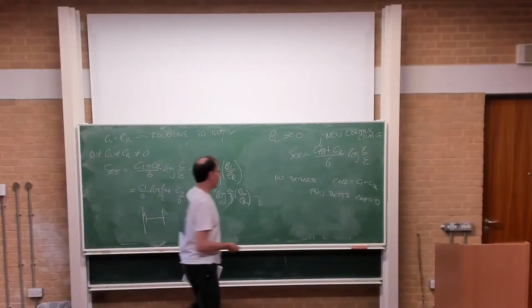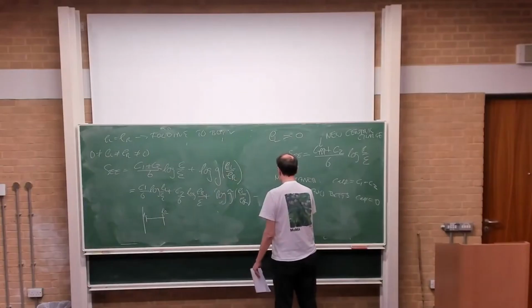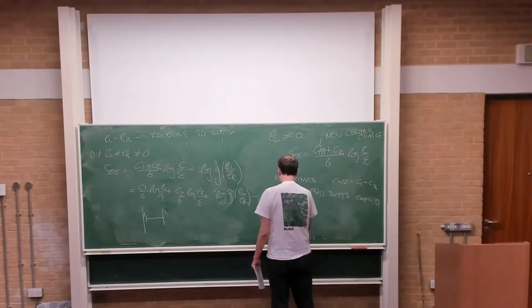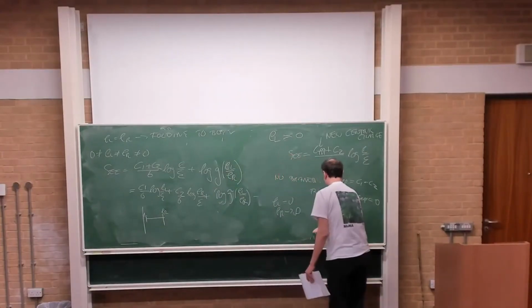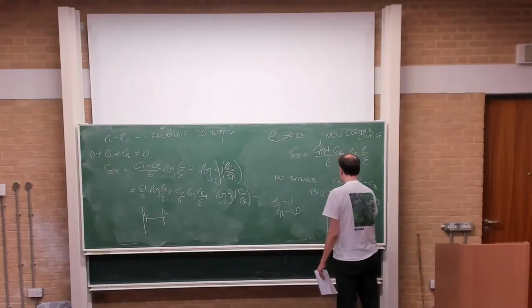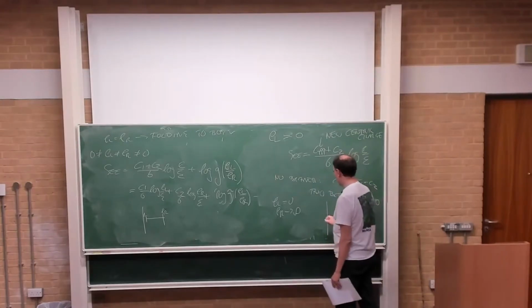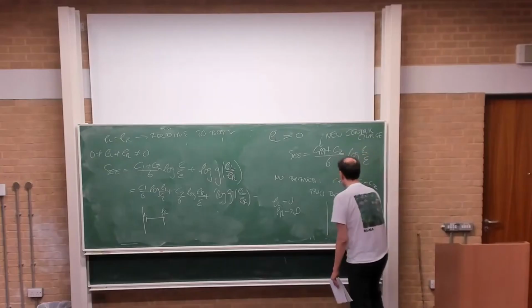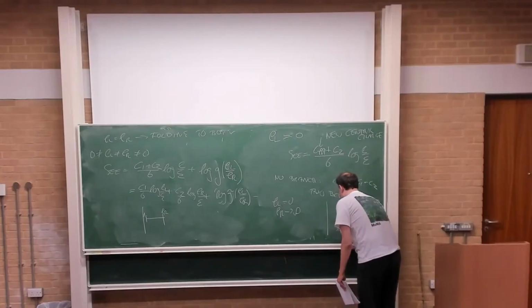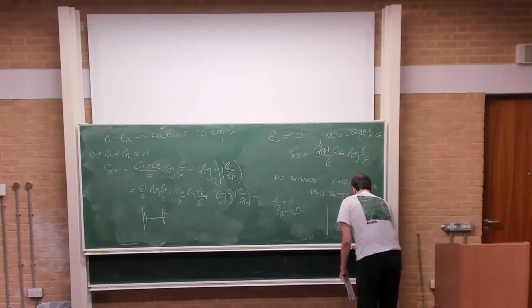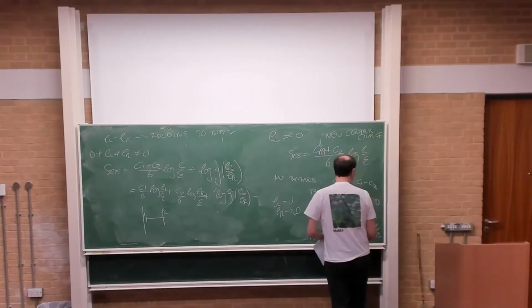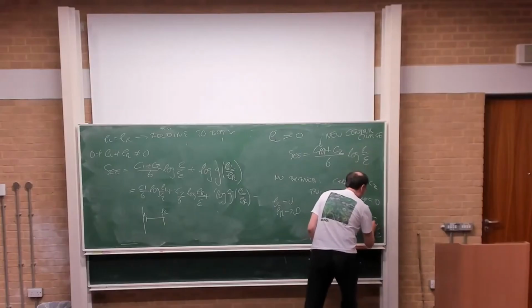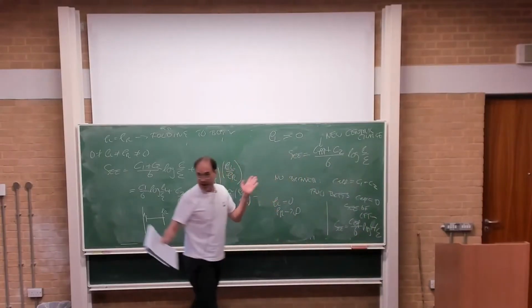Okay, things get even more extreme if I do the special case where I take L left goes to 0 and L right goes to infinity, right? So now we are basically talking about the SEE between left and right. In this case, you get that the SEE ends up being C effective over 6 log L over X. Okay, in this case, maybe I use a big L. There's no more interval.